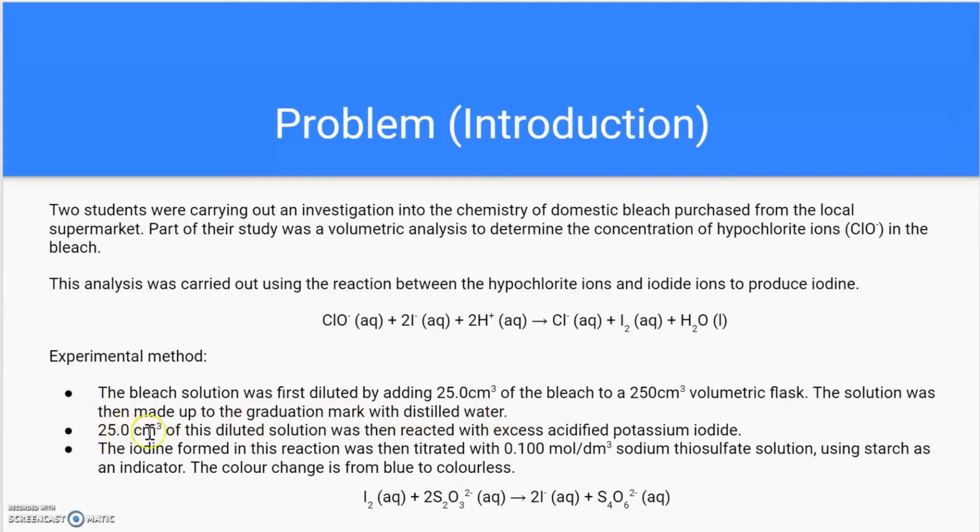Then 25 centimeters cubed of that 250 centimeter cubed solution is reacted with excess potassium iodide, and the iodine formed in the reaction is titrated with 0.1 mole per decimeter cubed sodium thiosulfate solution using starch as an indicator. The equation for this reaction is given, and the color changes from blue to colorless.